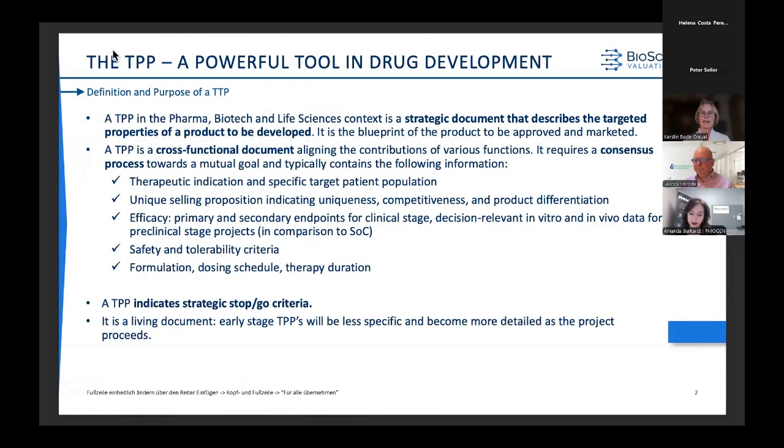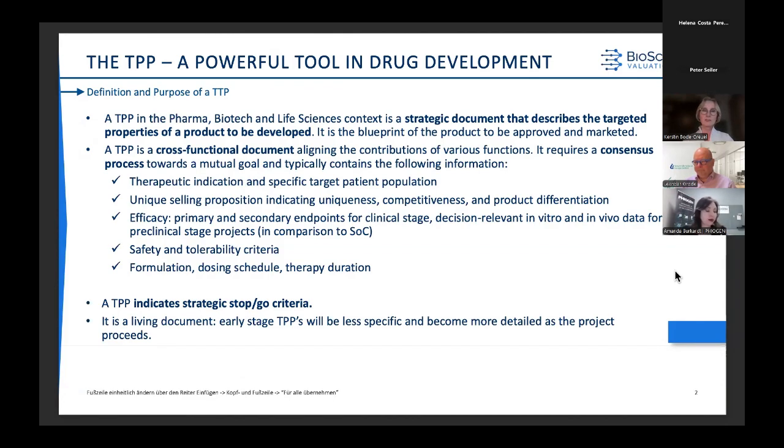Thank you. I have just summarized what I think has been mentioned before. So a TPP in the pharma, biotech, and life science industry is a strategic document. It describes, from the perspective of the end in mind, as Leander has outlined, what the product should be when development is finished. It's the blueprint of the product.